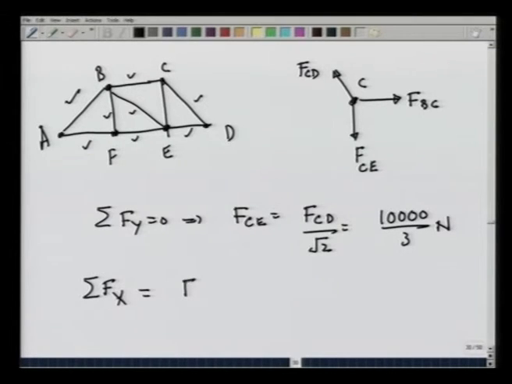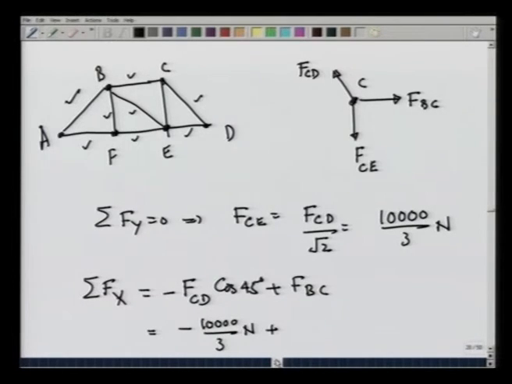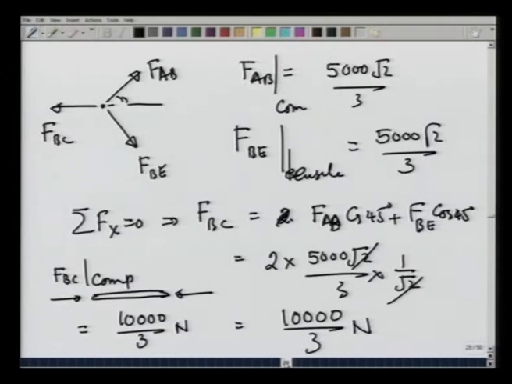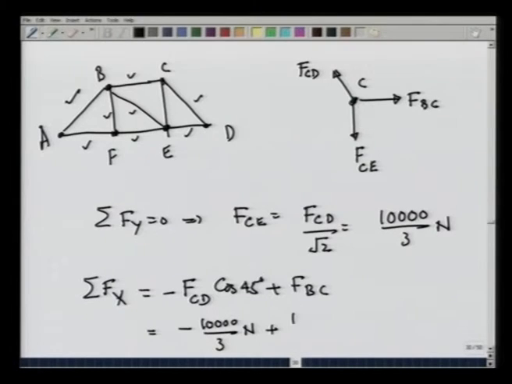We can see, because this is FCD with a negative sign cosine of 45 degrees plus FBC. FCD was calculated to be 10,000 root 2 over 3, so this comes out to be minus 10,000 over 3 newtons plus FBC, which from the previous slides was calculated to be 10,000 over 3 newtons. So, this comes out to be 0. So, we are consistent in our calculations.